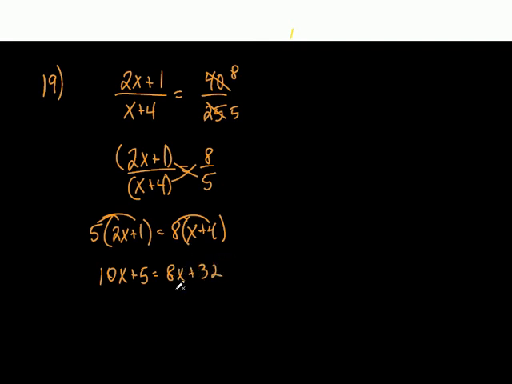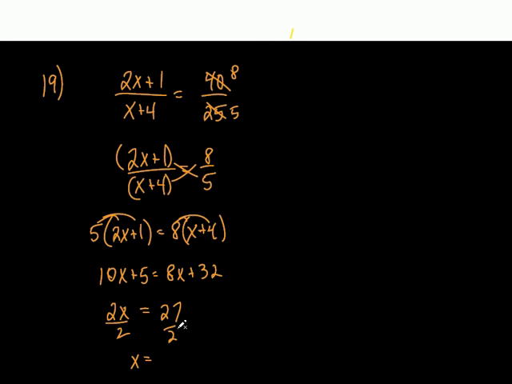Solve for x now. We've been doing this a bunch already just in this video. So subtract an 8x from both sides, you get 2x. Let's get rid of this 5. So we subtract a 5 from both sides, and what is that, 27? Oops. Why did I write a 5 then? I think it's 27, isn't it? And then I just divide by 2. Divide by 2 here, divide by 2 here, and you can keep it just like that.